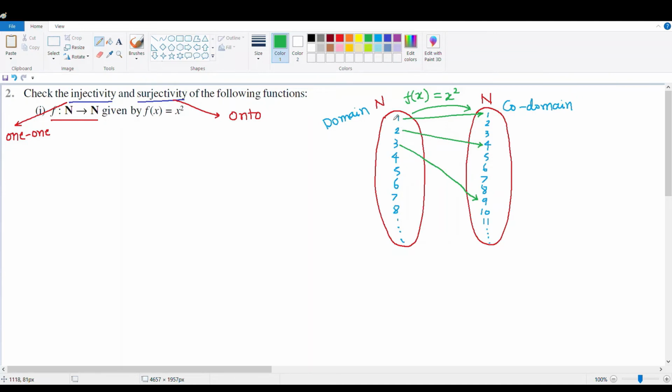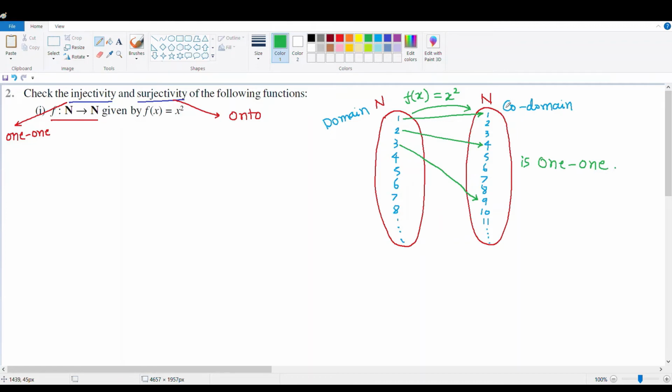So since one element from here is connected to one element in here, every element in codomain that has a pre-image has only one, a unique pre-image in domain. So this function is 1-1. So definitely this function is 1-1.